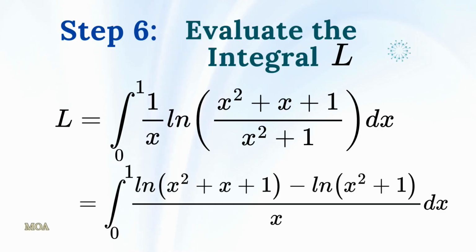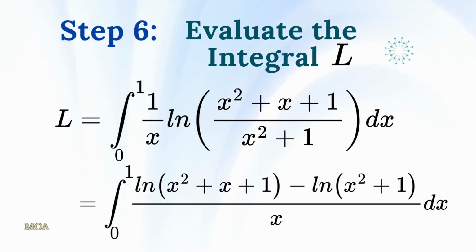Now, our aim is to evaluate the integral, denoted L, which is the integral from x equals 0 to 1 of 1 over x times the natural logarithm of the quotient, x squared plus x plus 1, divided by x squared plus 1 with respect to x. To proceed, we first apply the properties of the logarithm.